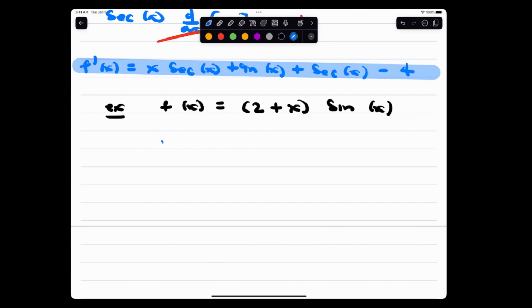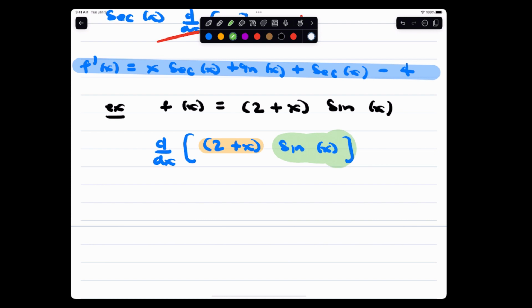So use your operator notation to get the derivative. So this will be 2 plus x times sine x. Now, what rule do you guys think you'll use? What's this going to be? You're going to use what? Product. The product rule.